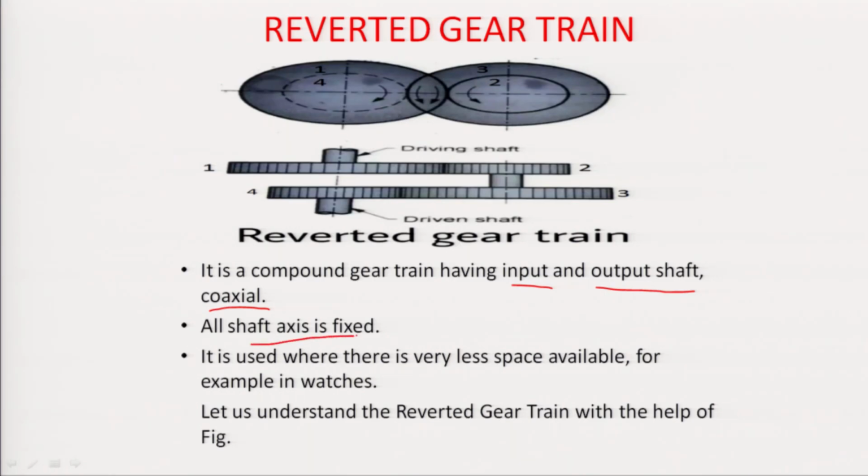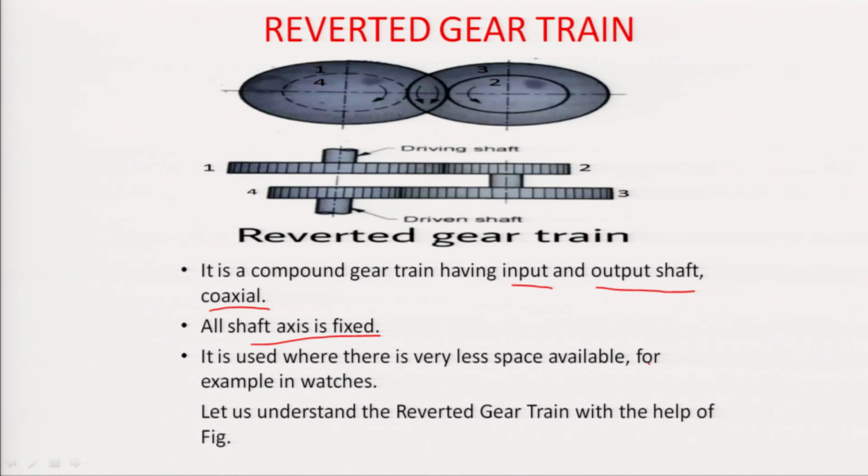All shaft axes are fixed. And the application of the reverted gear train is where less space is available. For example, reverted gear trains are used in watches.